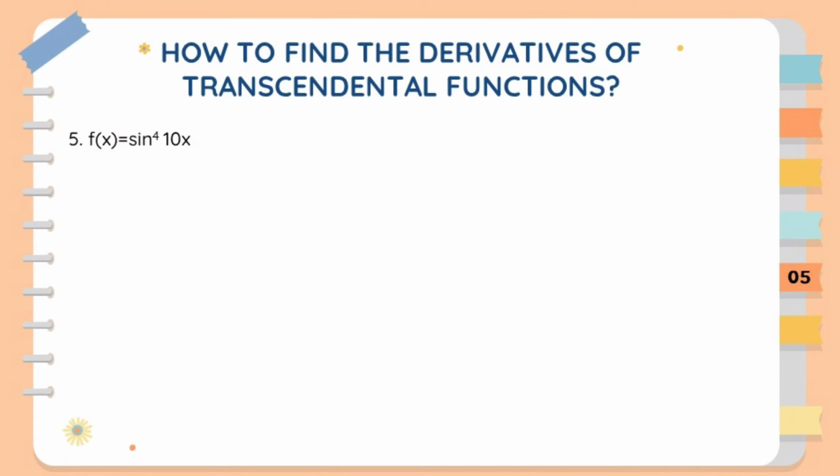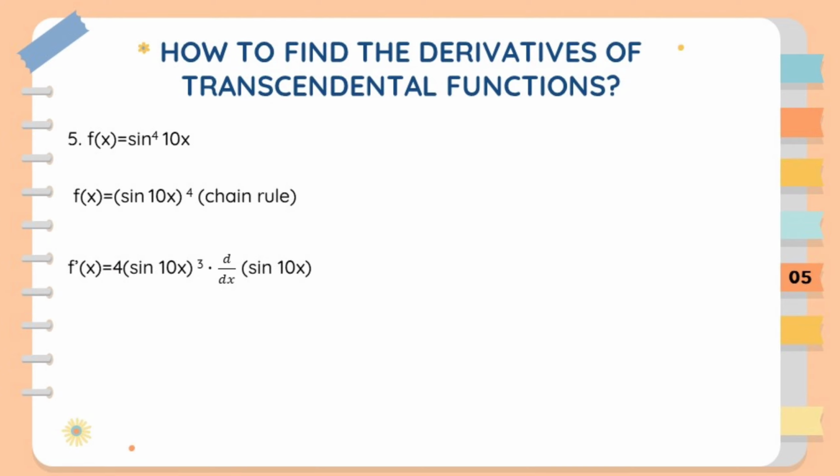For the last number, number 5 is f of x is equal to sine raised to 4 10x. We can rewrite it as f of x equals quantity of sine 10x raised to 4. So, this is the modified version of the trigonometric function where we are going to use the chain rule for the derivative. F prime of x equals 4 quantity of sine 10x cubed multiplied by the derivative inside, which is sine 10x.